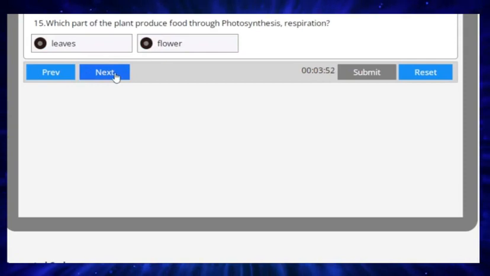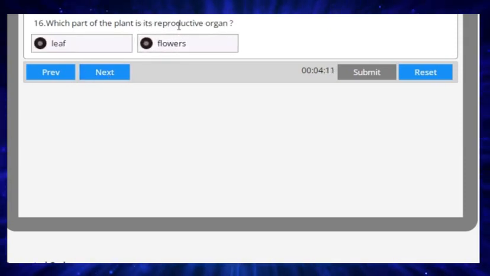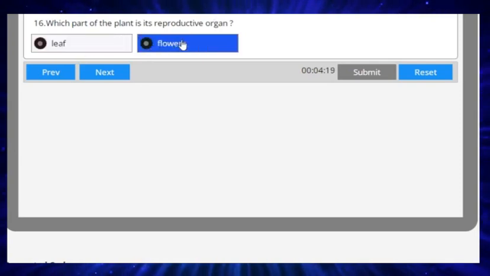I hope you remember all these questions and the answers, because we did them when we were learning. Remember them. 16. Which part of the plant is its reproductive organ? Is it the leaf or the flowers?